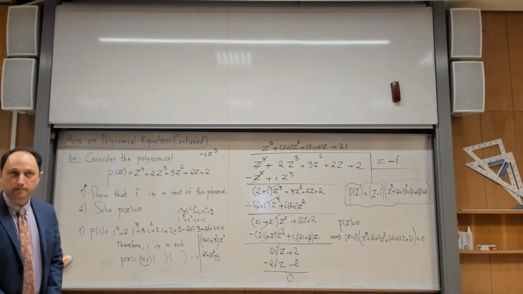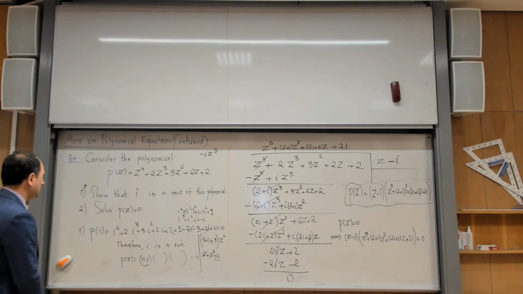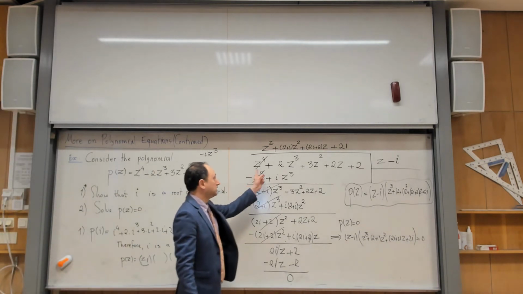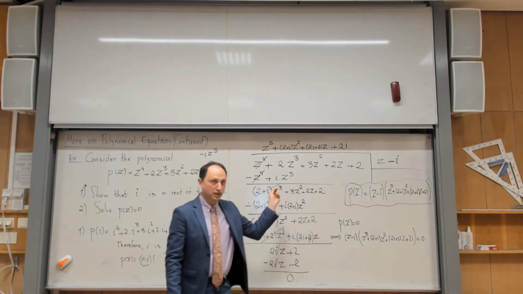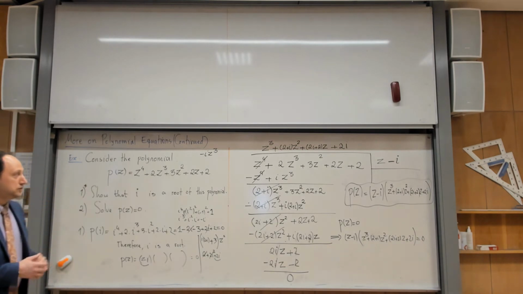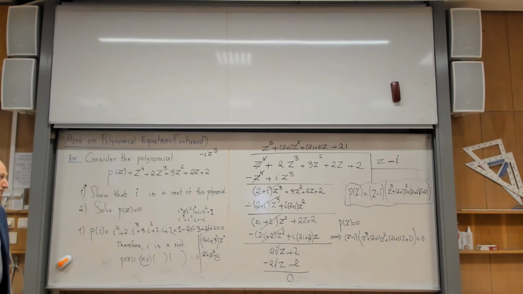Is that clear? The reason that I brought this up is because I want you to learn that there are some exercises in your book where you are supposed to do long division by complex numbers. So that is an example for those cases. Another thing I want to teach you is a theorem which is also in your book, and it is very helpful for this case.